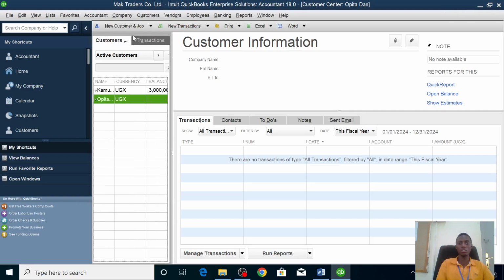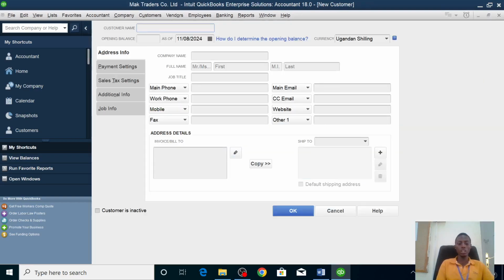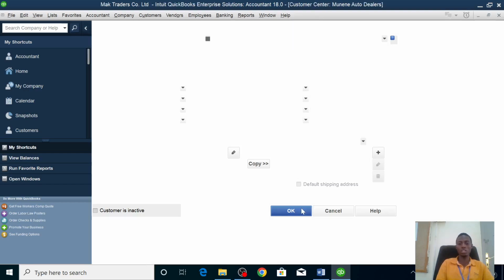Add new, Munene Auto Dealers. Has an opening balance of 1 million. The date is as of 1st January.